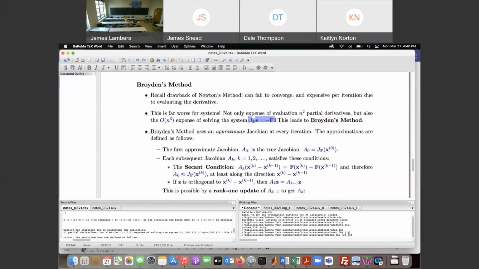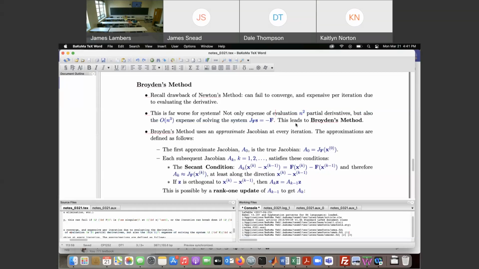The main source of inefficiency is still there, it's still just as bad as before. So we need to think of something else to reduce this substantial expense of solving these systems. And that leads to what is called Broyden's method. So this is a uniquely multivariable method.